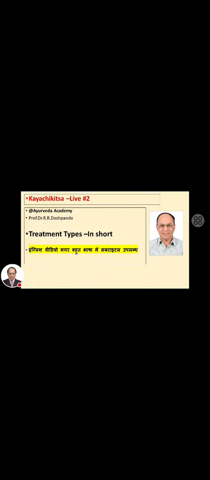So in rasayana chikitsa, what do we do? We increase the strength and immunity of that particular weak tissue. This is also called urjaskara chikitsa. While treatment against any disease is known as rogagna chikitsa. Rogagna is anti-disease and urjaskara is immunomodulator treatment.